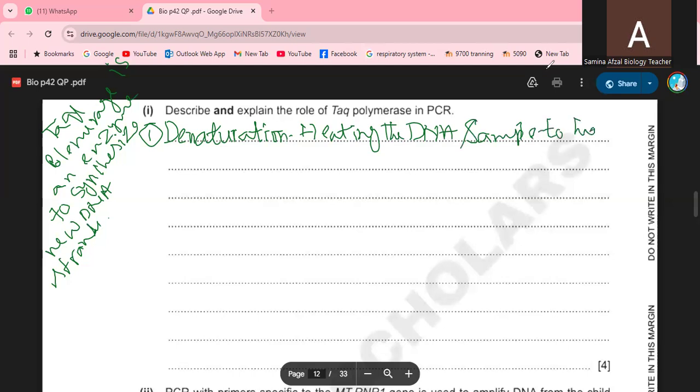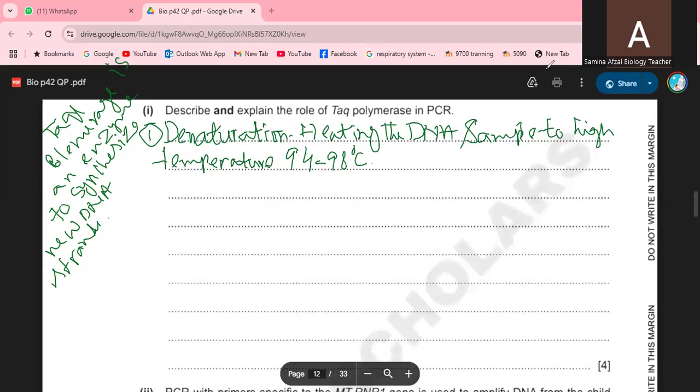At high temperature, the DNA will be denatured. And that temperature can be 94 to 98 degrees centigrade. That is a very high temperature.